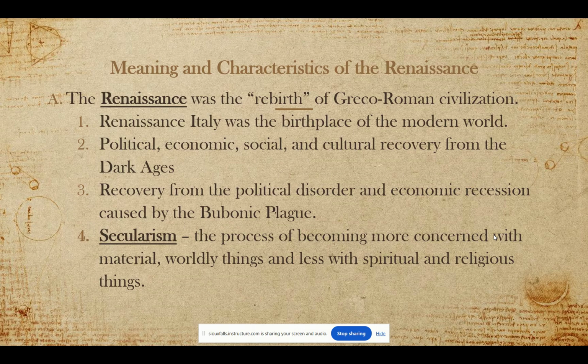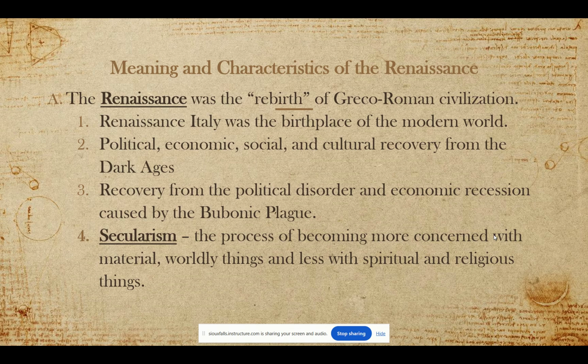Remember, during the Dark Ages, after Rome had collapsed, people retreated to the rural areas. There was a complete loss of learning and literacy, with the exception of monks and nuns in the monasteries. There's a complete breakdown of the traditional economy, and people had resorted to the feudal world, right?